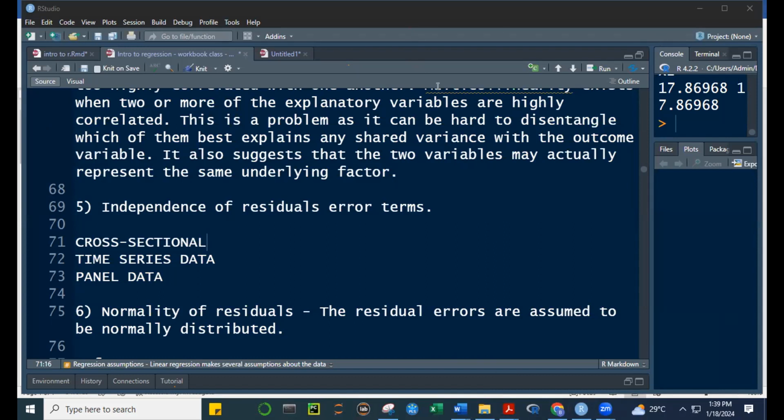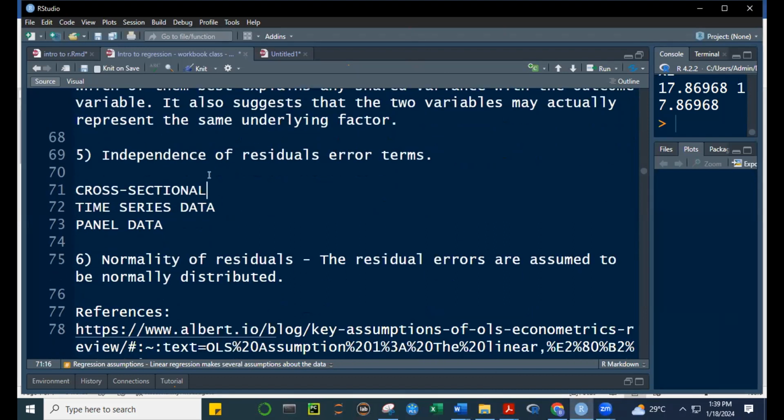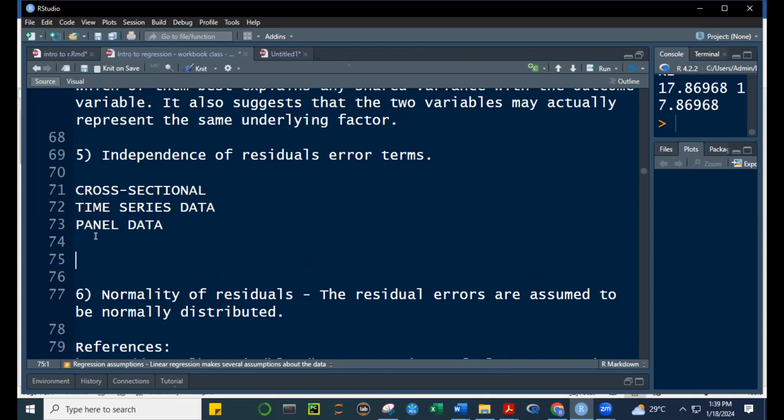Okay, thank you. And lastly, class, the residual should be normally distributed. Now take note, we're looking at this last, class, because of the assumptions, this is the least important, the normality of residuals. Because if you have a large data set, the normality of the residuals, whether the distribution is normal, becomes irrelevant. There's a law in statistics.